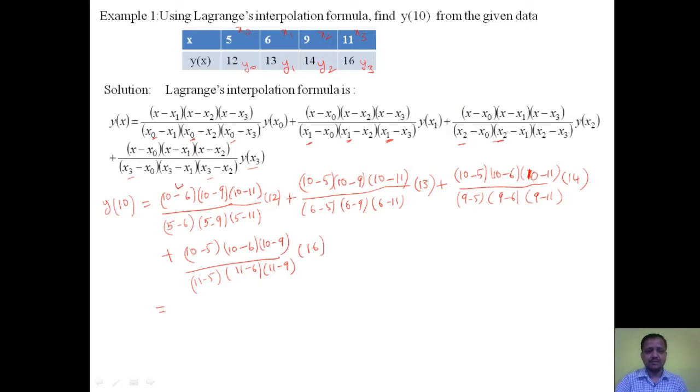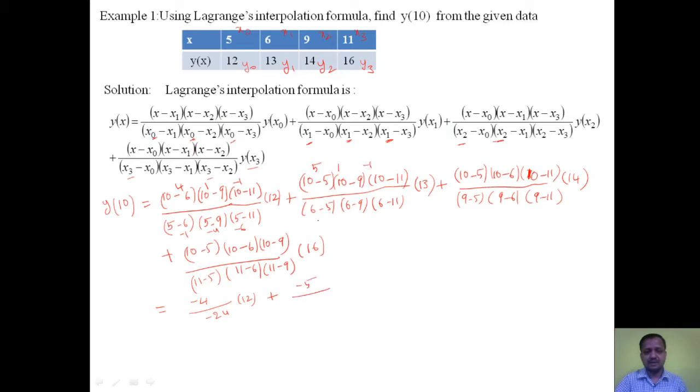Here we are getting 4, here 1, here minus 1. The numerator is minus 4. The denominator: here it is minus 1, here minus 4, here minus 6, so totally minus 24. So minus 4 over minus 24 into 12. The next term: here 5, here 1, here minus 1, means minus 5 in the numerator.